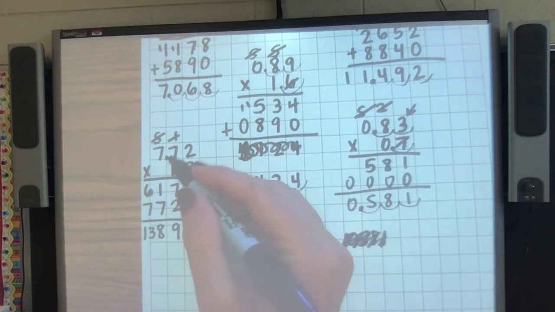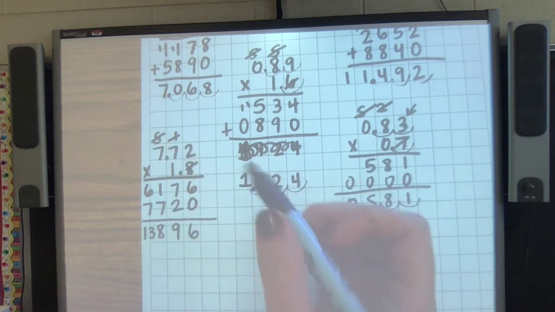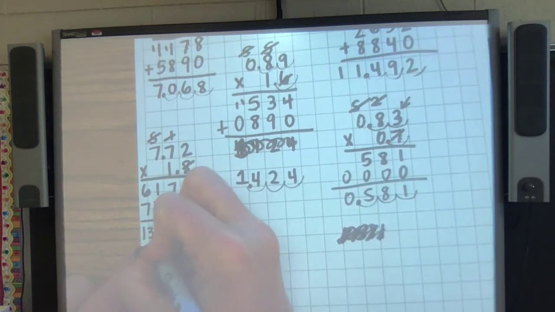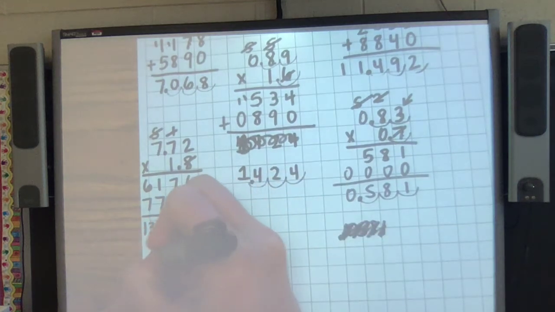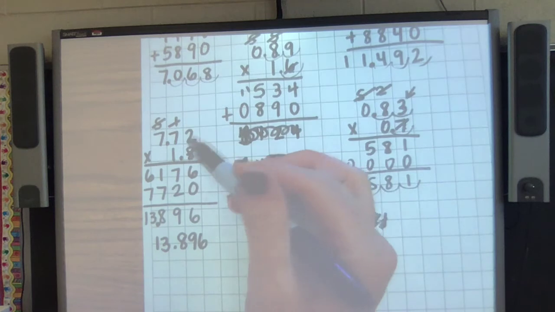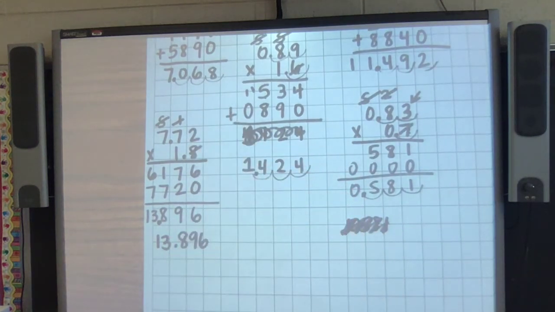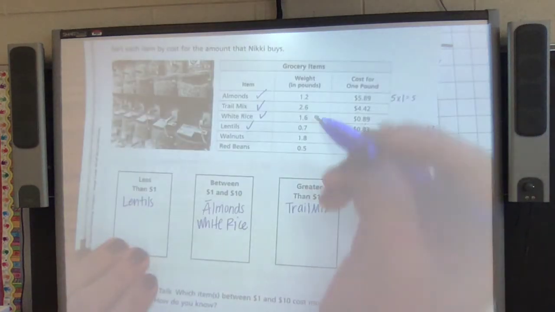So we said we know it'll be less than 14, greater than 7. My decimal needs to be right here, and I couldn't squeeze it in very well, so I'll rewrite it, because we know it's not going to quite be 14, so 13 makes the most sense for us. So that was my walnuts.